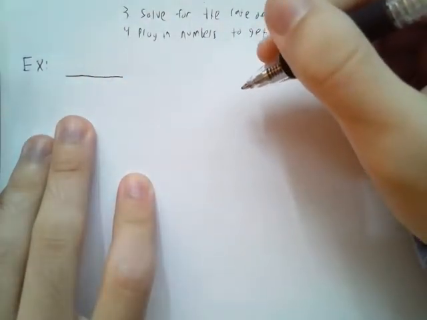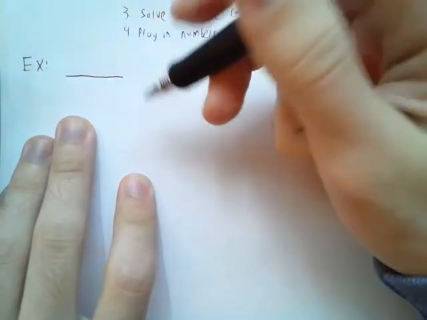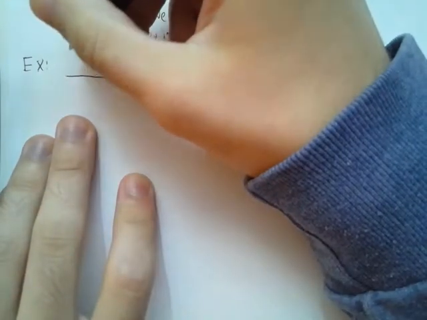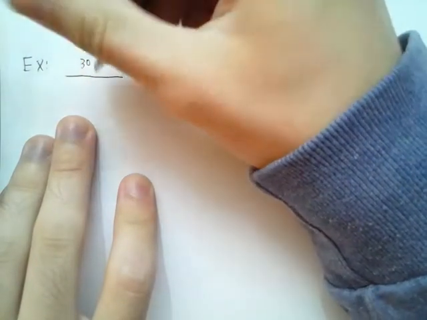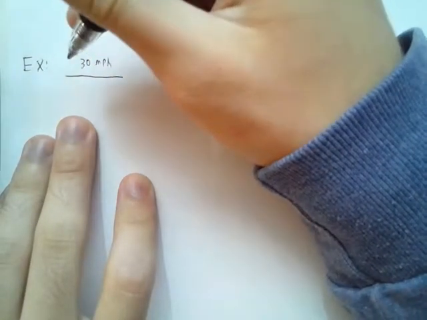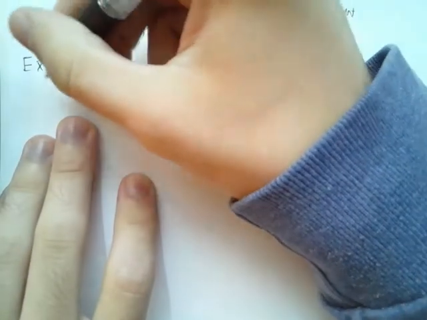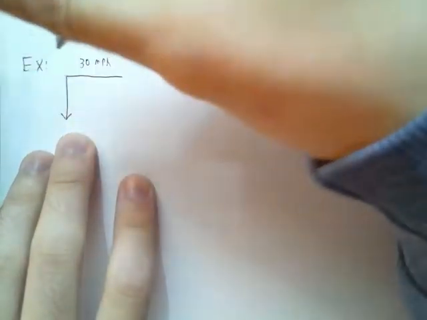One is driving due east with a speed of 30 miles per hour. Then we have a bicycle, which is going due south with a speed of 10 miles per hour.